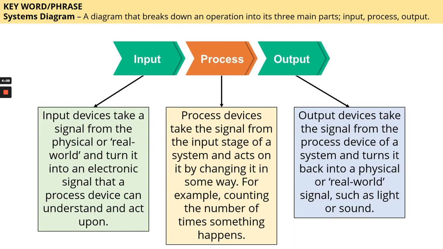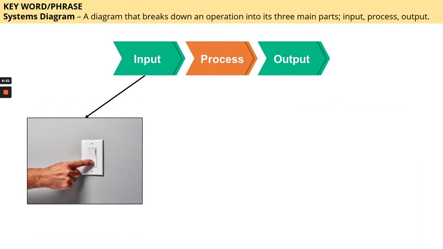So systems diagrams are breaking down an electronic device into input, process, and output devices, and they all have different uses. So for example, turning on a light switch: the physical movement of you pressing your finger against that switch is the input, the signal from the real world.